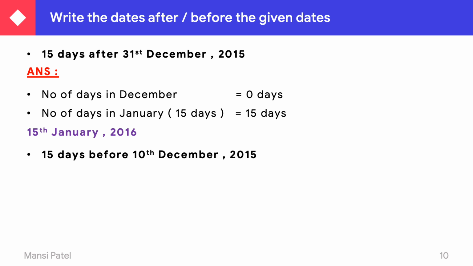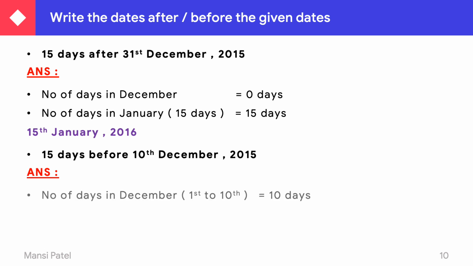See another example. 15 days before 10th December. See, here they have given the 10th December. So the number of days in December is from 1st December to 10th December, that is 10 days. Now we have to tell 15 days before. So out of these 15 days, how many days are remaining after December's 10? 5 days are remaining.